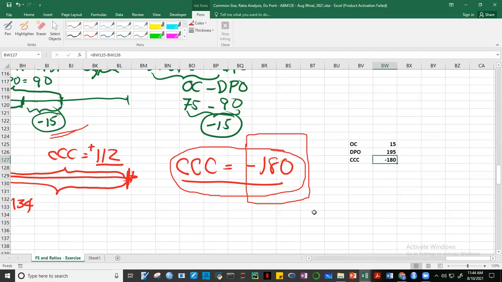So hindi siya yung tipong western method tulad ng Chrysler, ng Ford dati na pinaglalaban-laban nila yung mga suppliers nila. Si Toyota hindi. Nakipag-establish siya ng relationship with the suppliers so that the suppliers were encouraged to locate near Toyota.